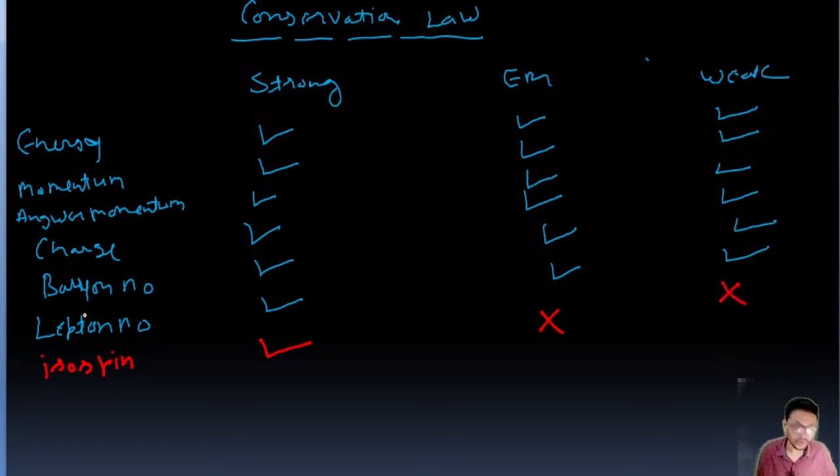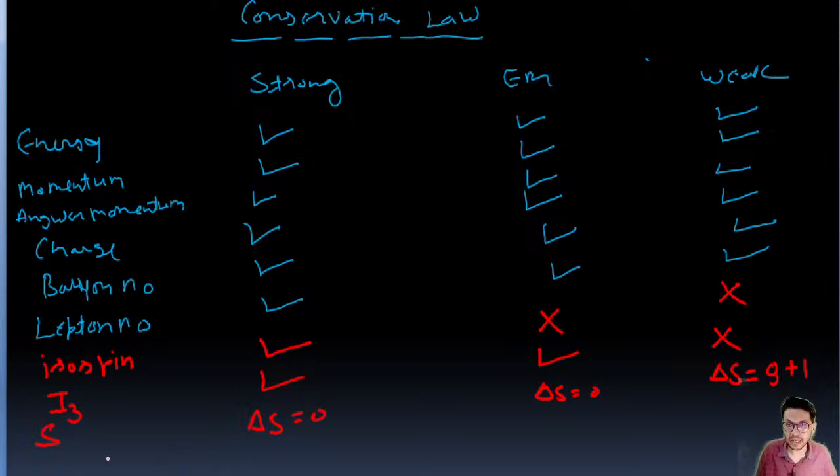For the I3 component, the third component of isospin, this should be conserved, this also should be conserved, and this shouldn't be conserved. If you talk about strangeness, I'm writing it by S. The delta S for strong interaction should be 0, for electromagnetic it should be 0, and for weak, delta S should be 0 or plus minus 1.